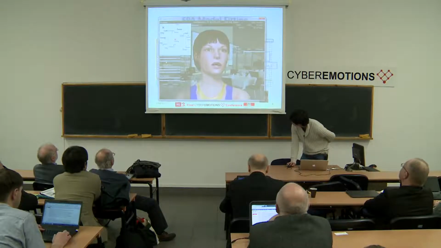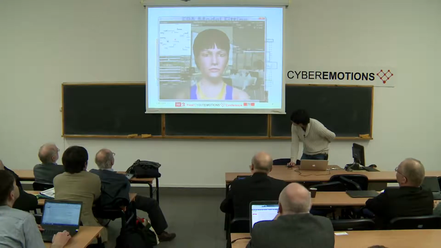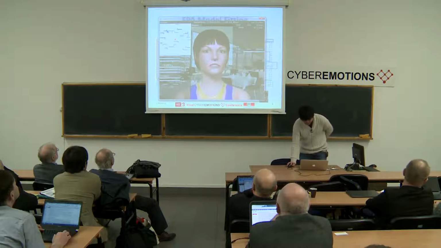If we reduce the dominance, it suddenly changes, and we can increase the dominance or valence. So we can give any type of VAD value to generate the emotional facial expression.